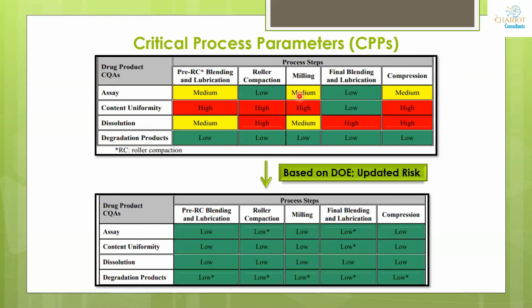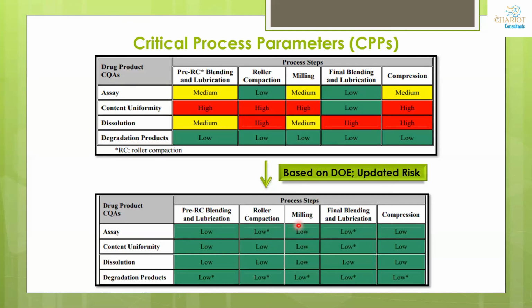Similarly, for the milling process, it depends on which size of mill you are using and what is the speed of that milling process. So you will evaluate different mill sizes, you will study the speed of different mills, and you will select at what RPM the milling process will be optimum for my product.